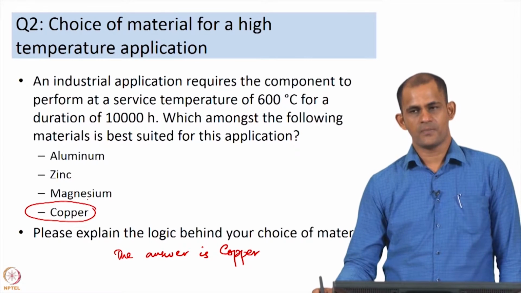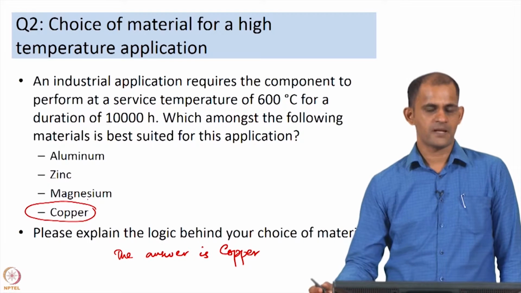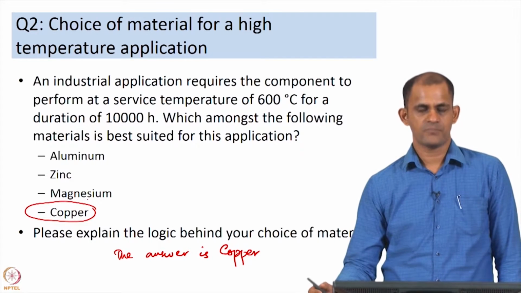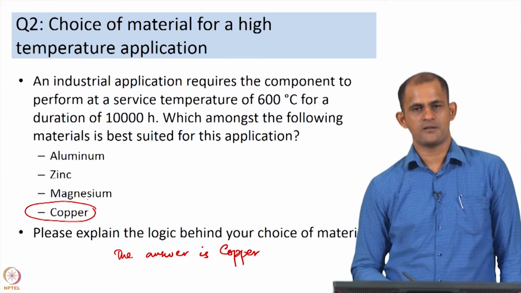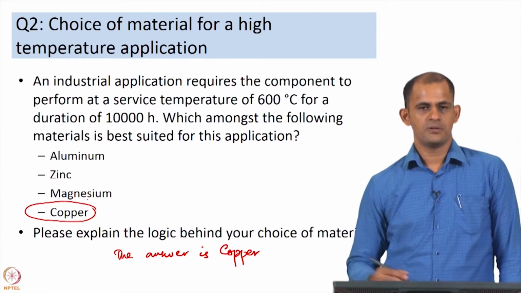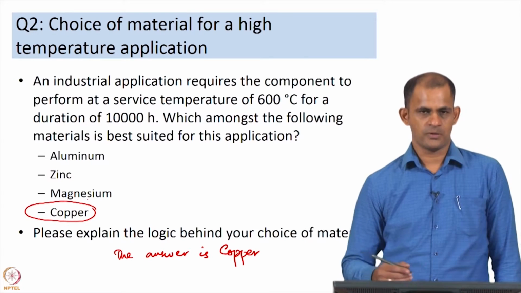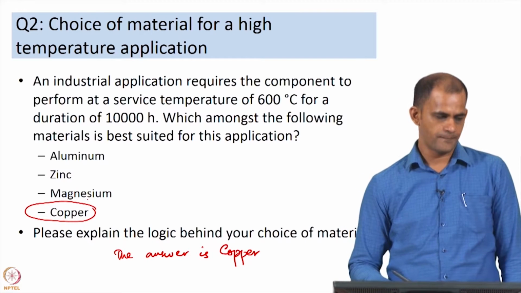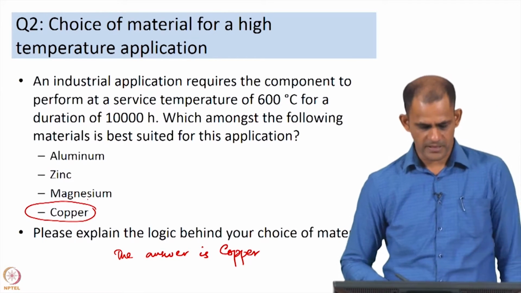So, I was saying for a given temperature you have to determine the homologous temperature of the material, and if the homologous temperature is very high, then that material will not be suitable for the temperature at which your material is going to work. Now, let us compare the homologous temperature of these 4 materials.